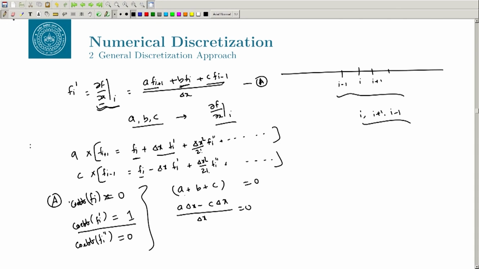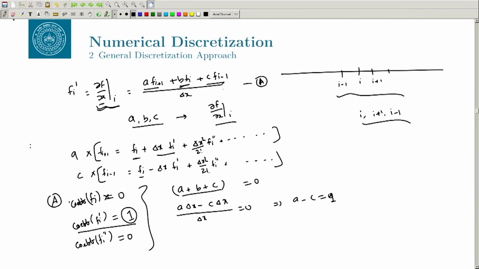Delta x is here also, but delta x cannot go to 0. So, this is basically A minus C is equal to 1.